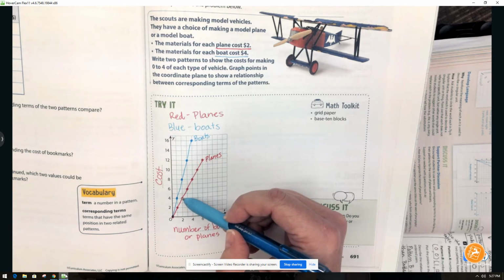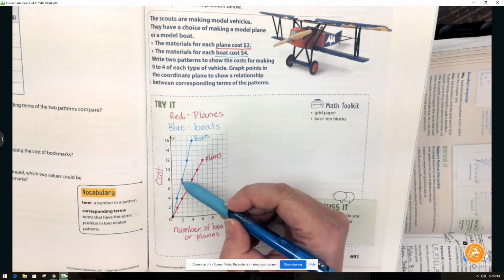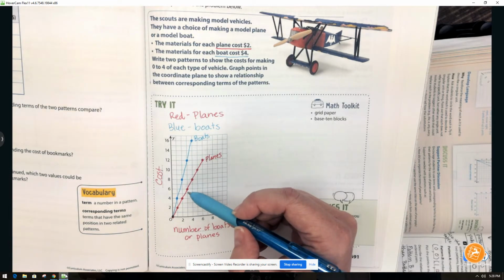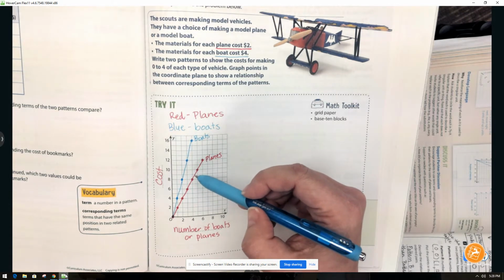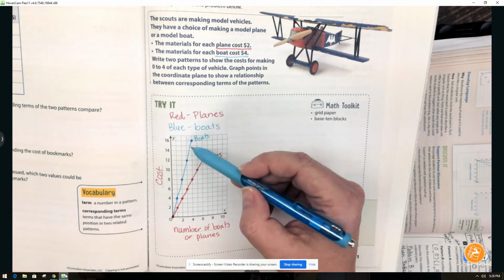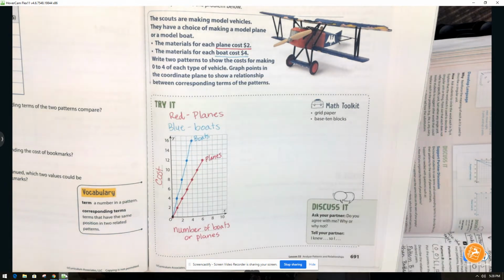If the planes cost $4, the boats cost $8. If the planes cost $6, the boats cost $12. And if the planes cost $8, the boats cost $16. So we're going to go ahead on the next page and look at how those two go together, or how they are related.